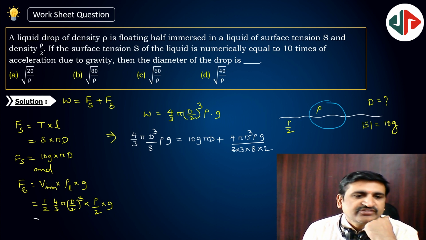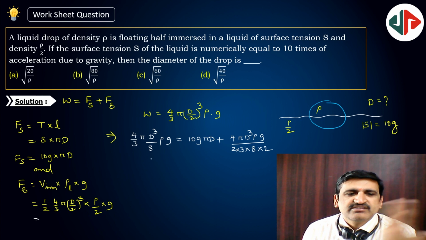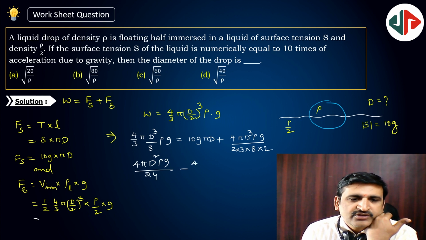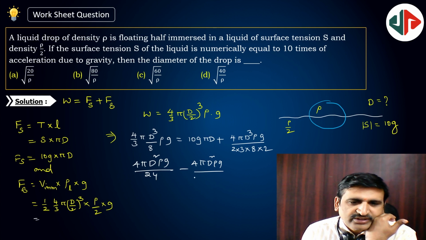Here I have to find out the d value. Obviously d square is there, so one d will get cancelled. So it is 4 pi d square rho g by 3 8s are 24. Of course, 4 can be cancelled. Minus 4 pi d square rho g by 2 3s are 6, 2s are 12, 8s are 96.